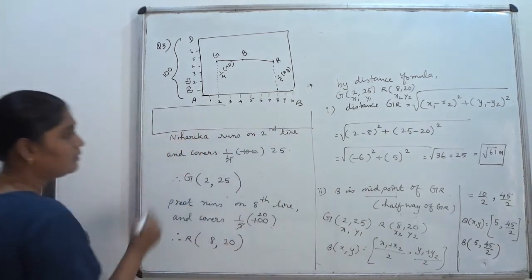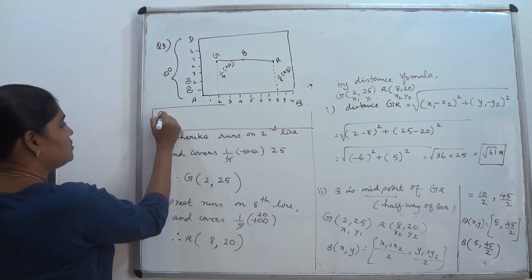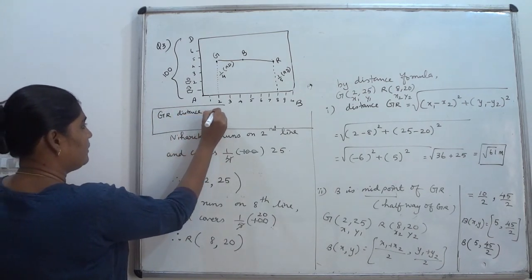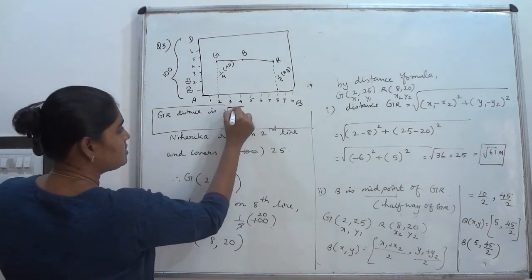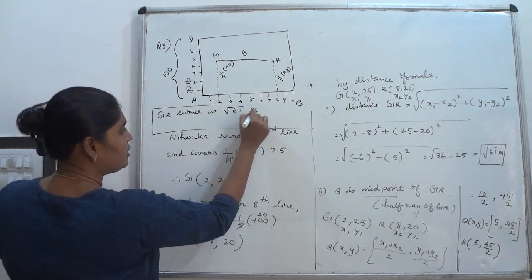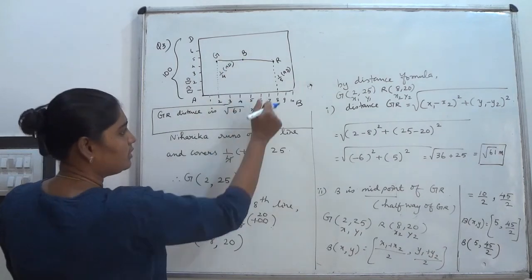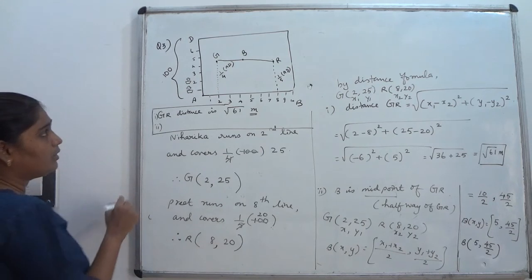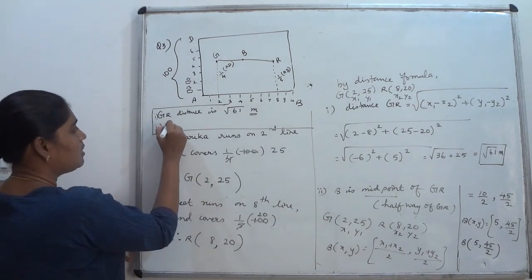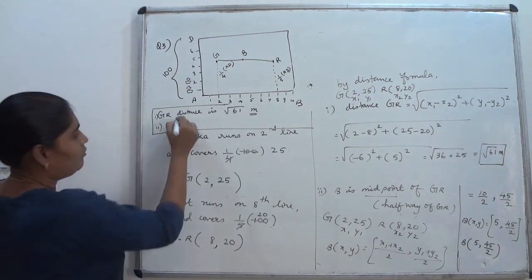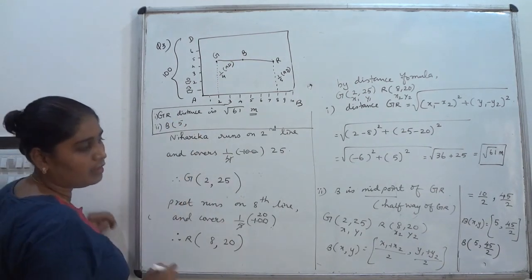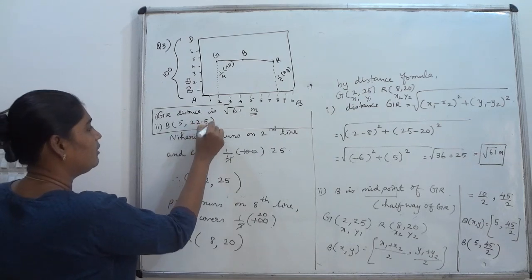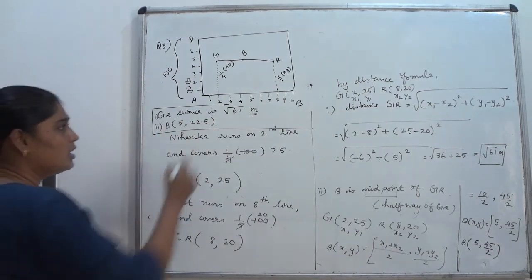So I am writing here, GR distance is root 61 meter. You have to mention the unit here because it is given in meters. Then second, the B point coordinates are 5, 45 upon 2, that is you can write it 22.5. That is your answer.